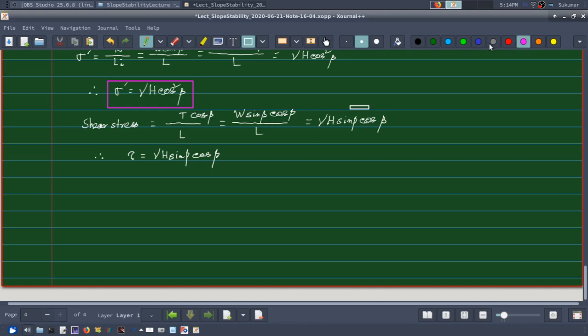Let me again note this equation. This will be useful.